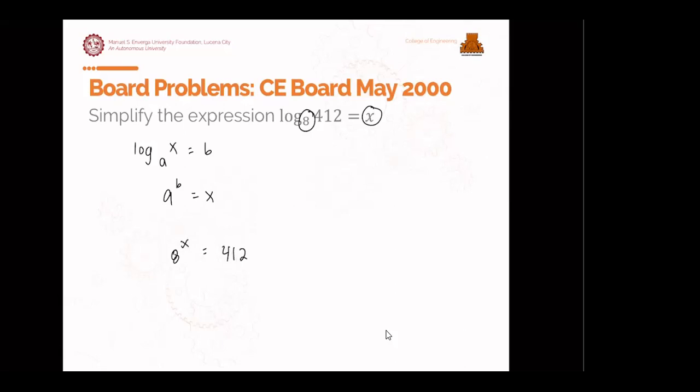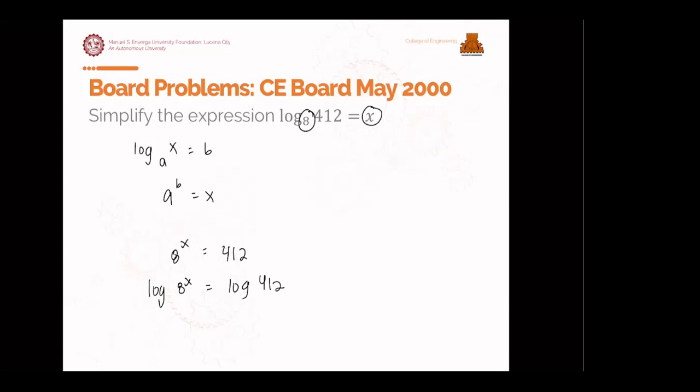Okay. And then all we need to do now is apply exponent kung may makukuha tayong ni 412 or apply natin si logarithm. So pag ni-logarithm natin both sides, so logarithm of 8 raised to x equals to log of 412. Again, what you do on the left side, you should do on the right side. Okay?